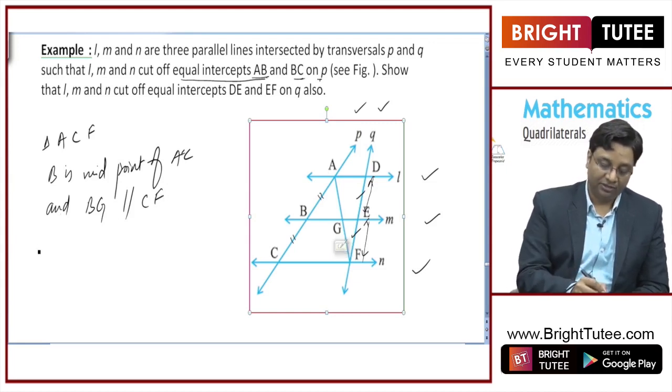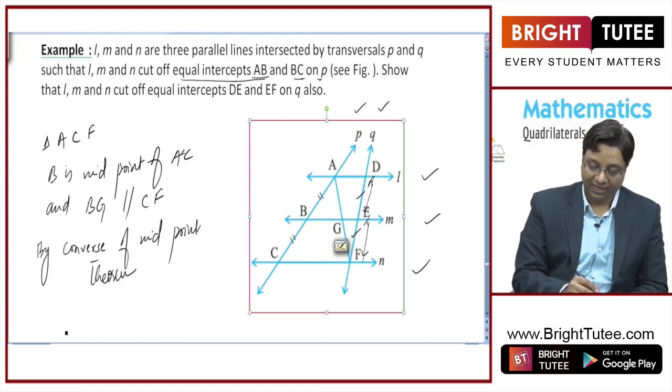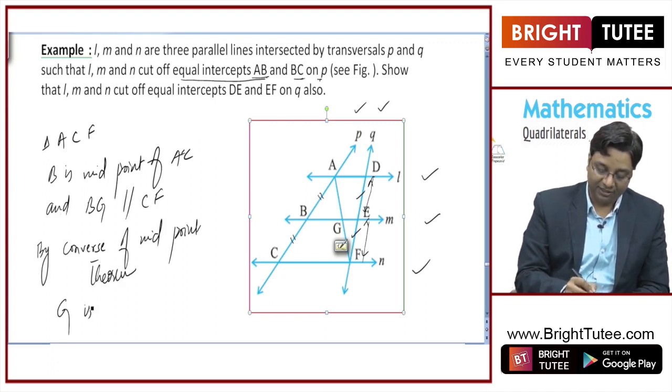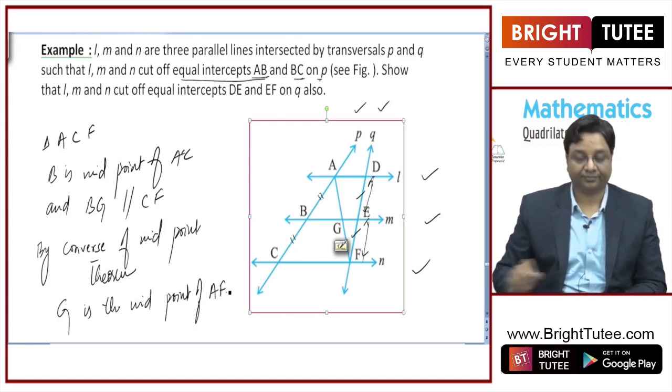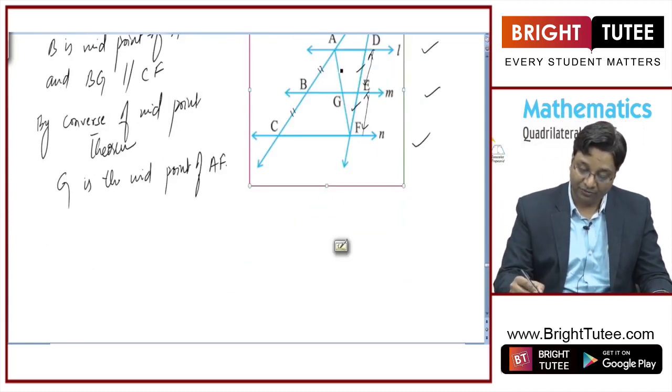This much is given. So by converse of midpoint theorem, that we have just proved, I can say G is the midpoint of AF, right?